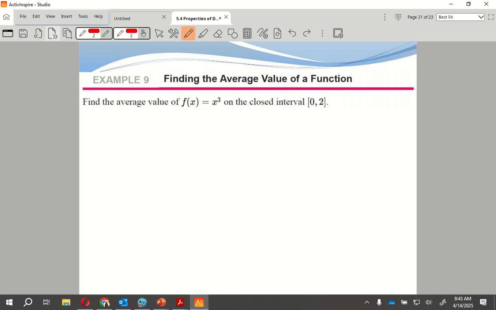Find the average value of f(x) = x cubed on the closed interval from 0 to 2.